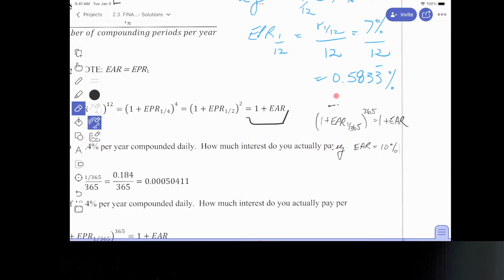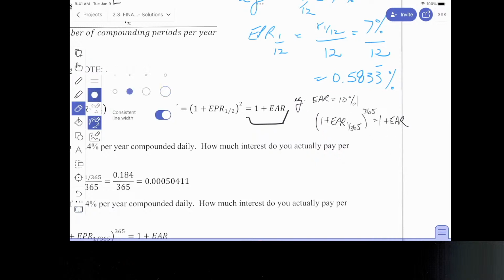And there are many other reasons why you want to be able to do this conversion as well. If someone reports to you a rate as an effective annual rate, they might do that so you can compare it to other returns stated over the year in effective terms.